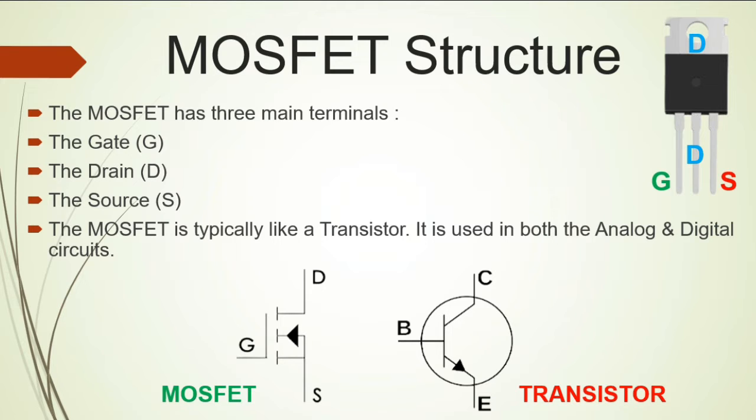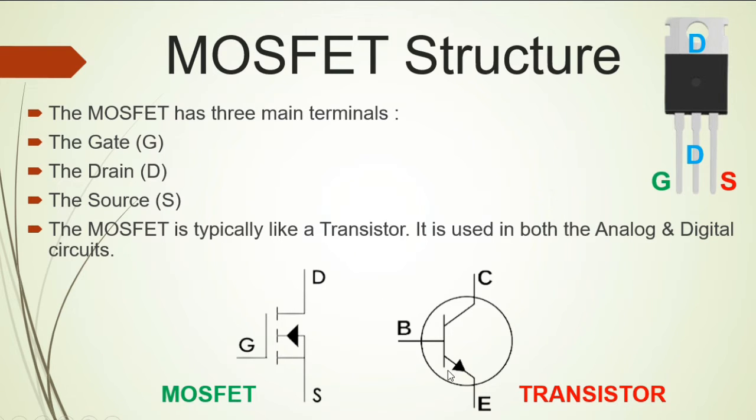If the arrow goes from source to gate, as you see here, so the direction of this arrow is to the gate, then this MOSFET is NPN. And if this arrow is the opposite, meaning from gate to source, that means the MOSFET is PNP.